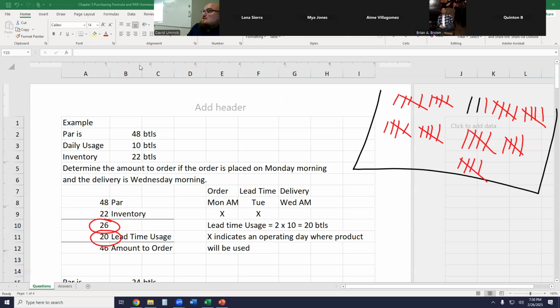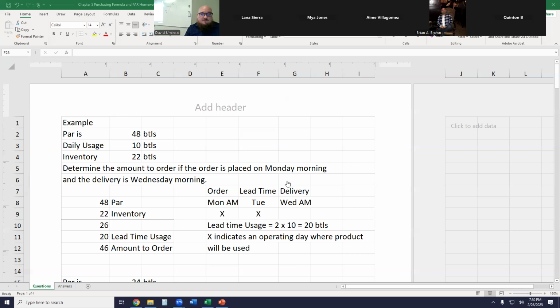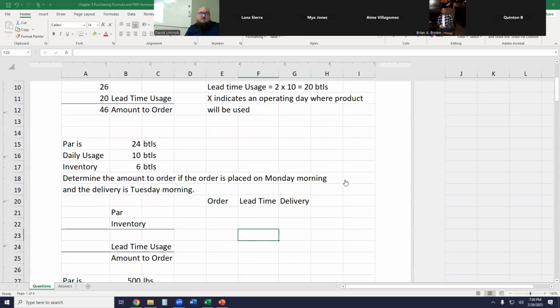What are we going to use in between the time that we place our order and the order is actually delivered to us? Okay, so let's do another example together. Our par is how much? 24. Okay, and how much do we have in inventory? 6. Perfect.